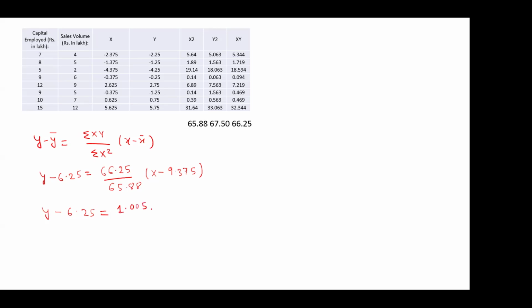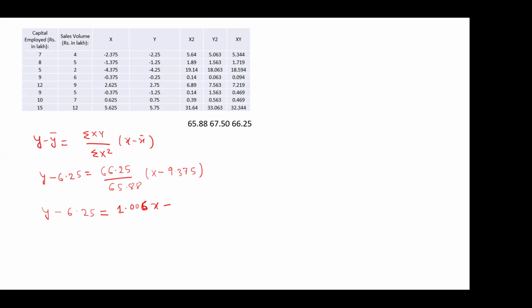We can take 1.006, because it is 5 6. So I am taking 1.006, multiplied with x minus this. We are going to multiply again with 9.375, because this value is going to be multiplied with x minus x bar.